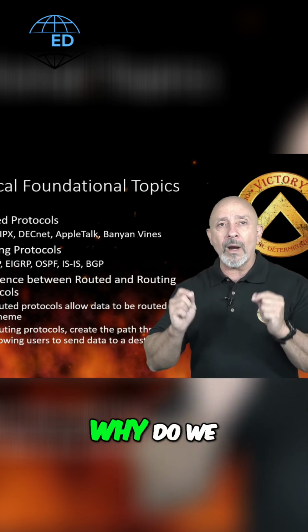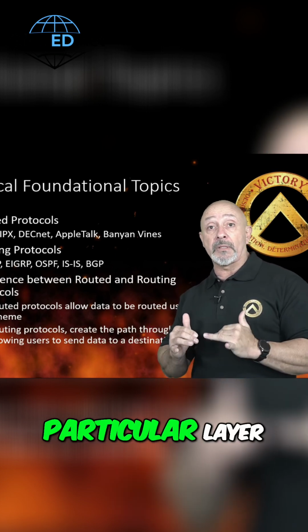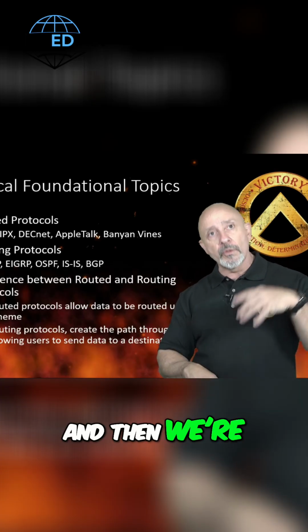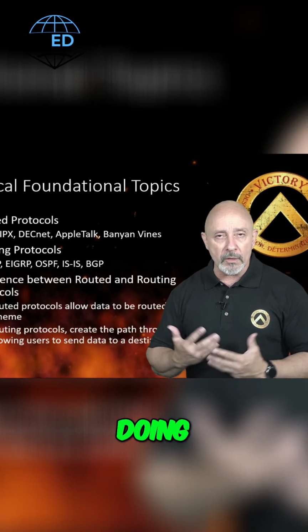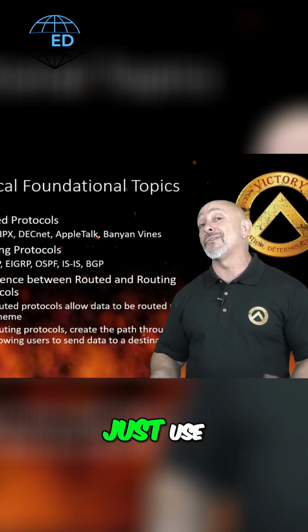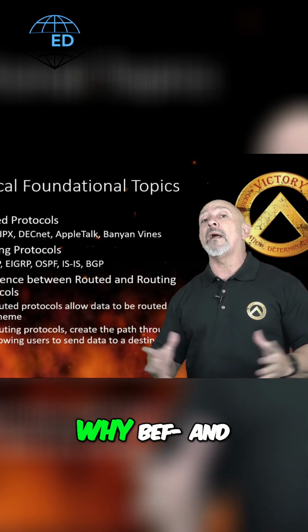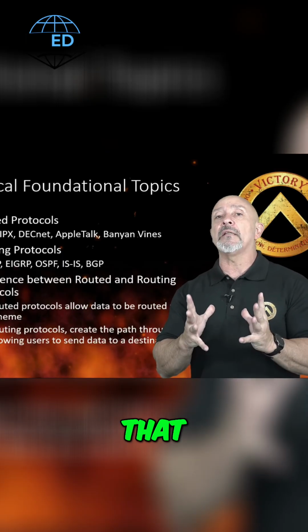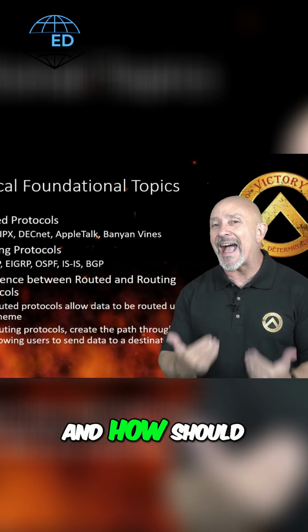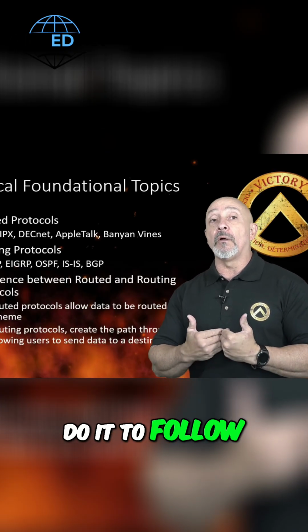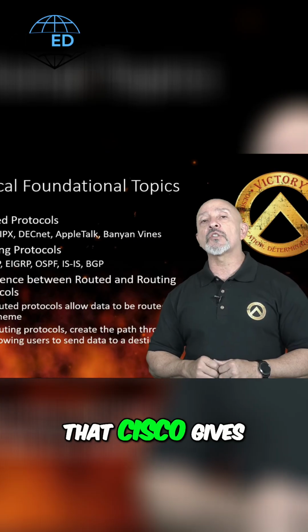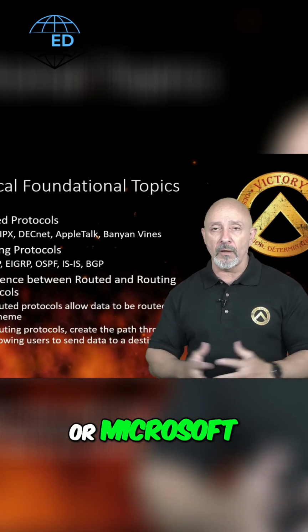Why are we using RIP at this particular layer, and then another one we're using EIGRP, and we're using OSPF, and then we're using BGP? Why are we doing all these things? Why are we using IPv6 versus IPv4? Why can't we just use both at the same time? That is what you need to understand: why are we doing it this way, and how should we do it to follow the best practice that Cisco gives us, or Microsoft for that matter.